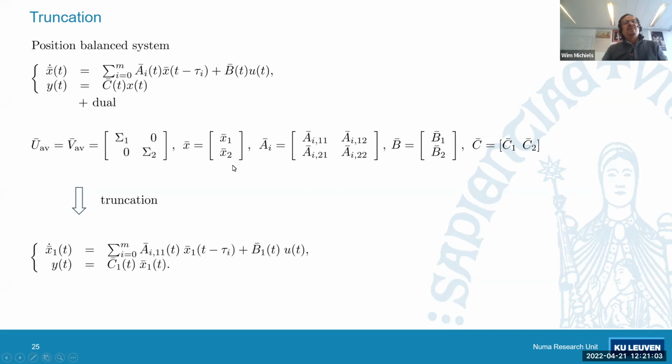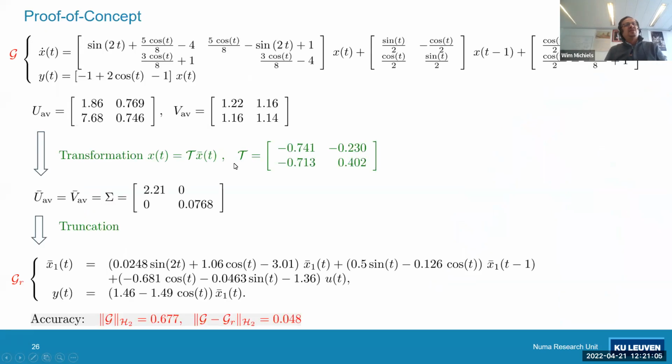Just to explain this by means of a very simple example, it's in fact a proof of concept. Because on this topic, I have worked so far only on theoretical developments. The next step is then, together with the application-oriented research groups I talked about, to lift this to realistic and large-scale problems.